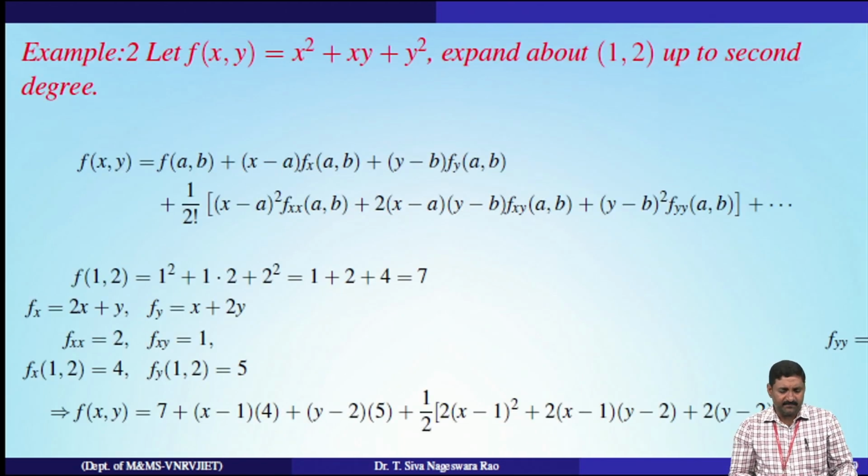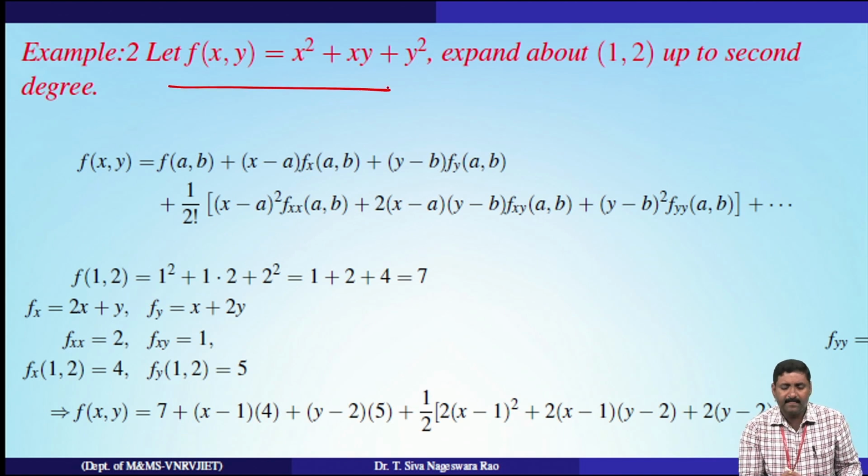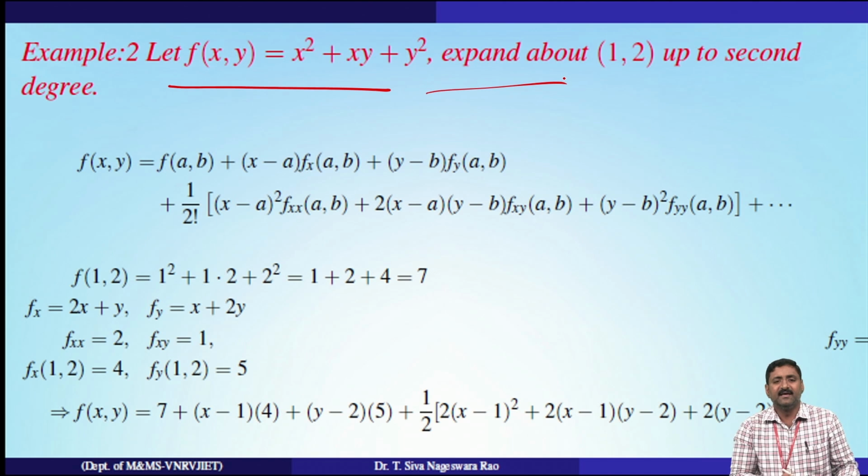Now second example, this is the given function. Here our aim is to find the Taylor series expansion. If you observe, the given question does not contain any name like Taylor's or Maclaurin's. Here the given point is (1, 2), which is other than the origin.